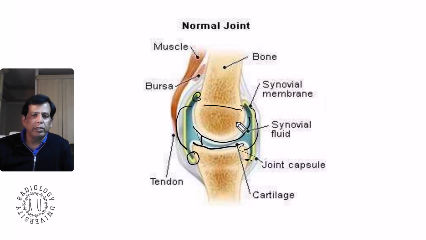Then you can get erosions, which are periarticular or marginal. Erosions at the margins of the joint, at the attachment of the synovium, are called marginal erosions. That's where the erosion starts in inflammatory conditions. Or it could be loss of joint space and loss of cartilage. This structure is very important to know for further discussion as we go on.